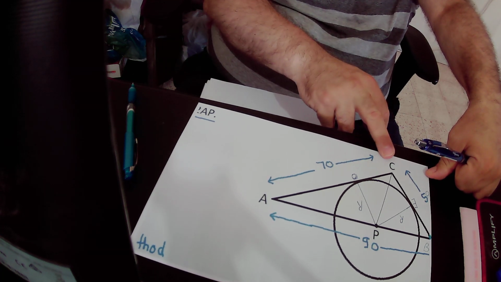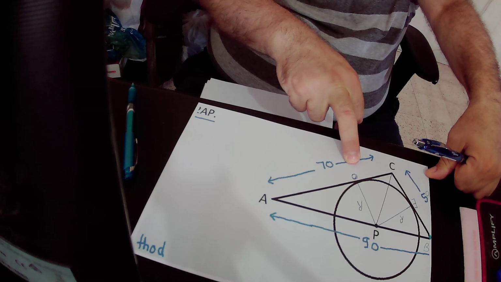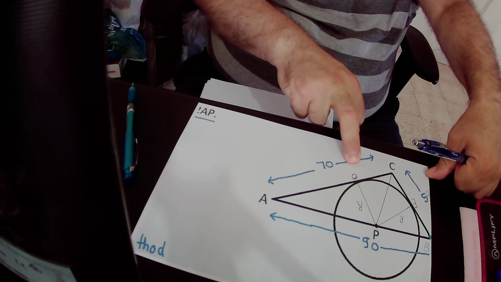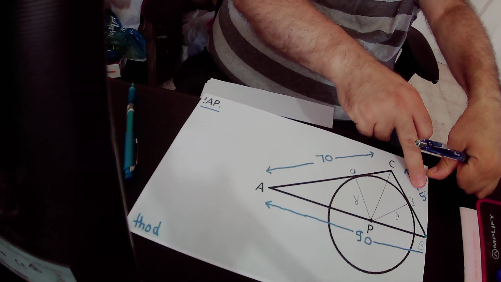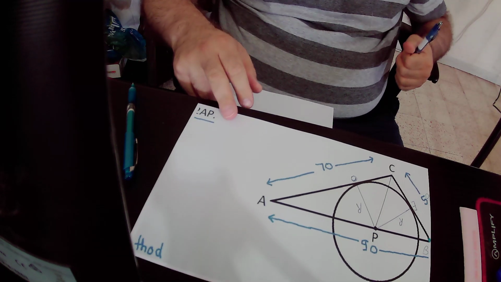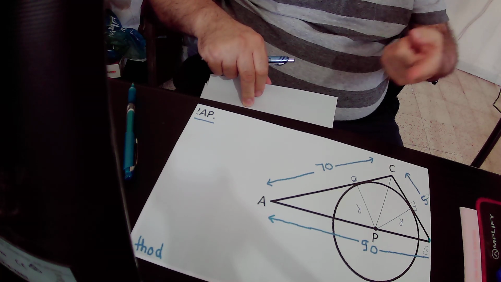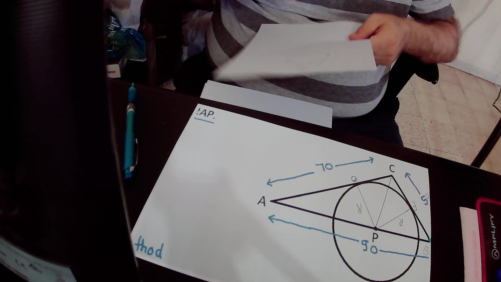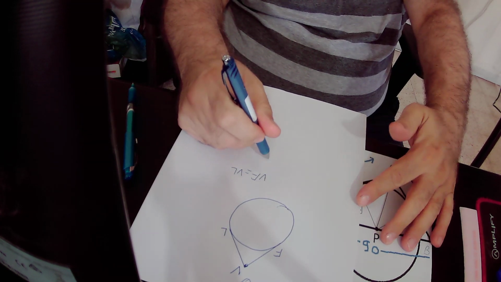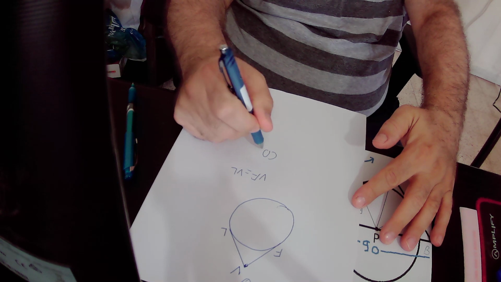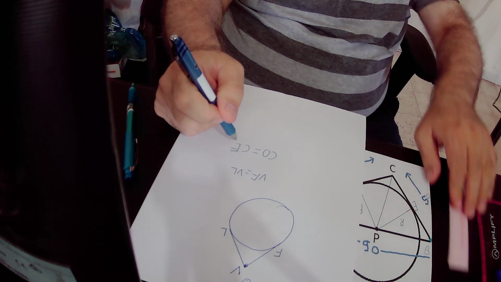We have tangent CO to the circle, and from that point we have also tangent CE to the circle. And according to our rule, CO must be equal to CE. So we write it down. CO equals CE.